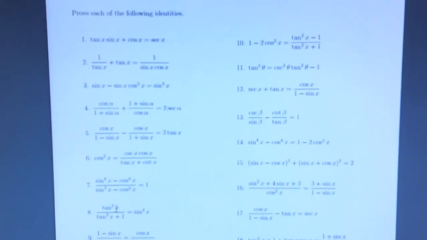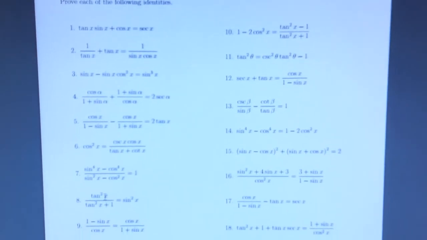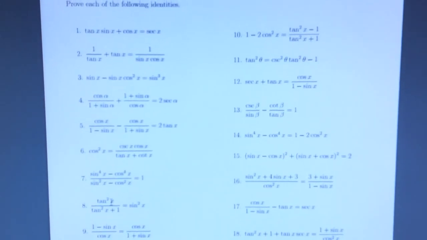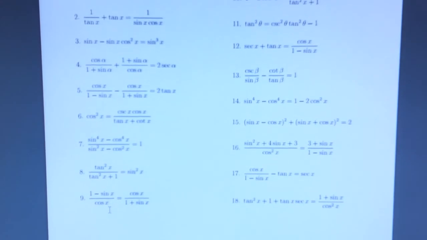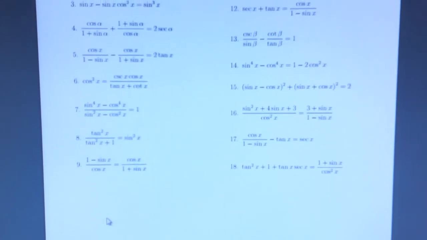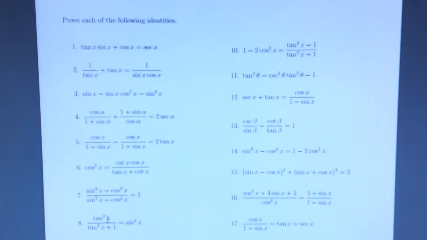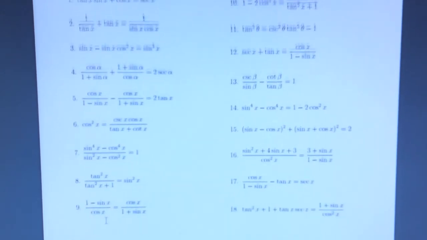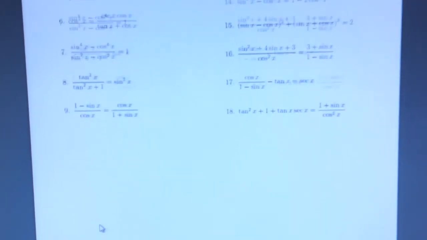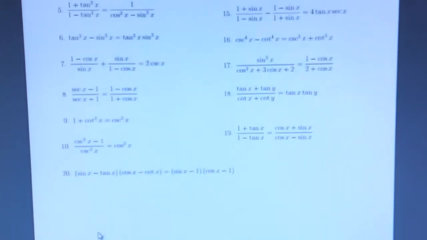I'll just go through it slowly. There's 18 on here. If you need to pause it and write some down, then try them. And then I can go through here.